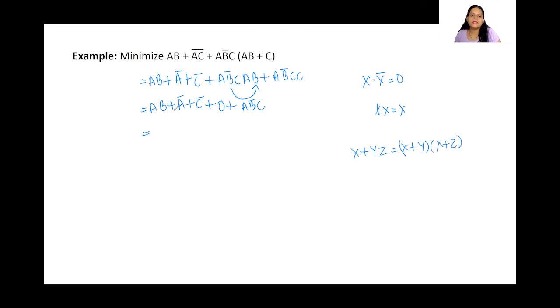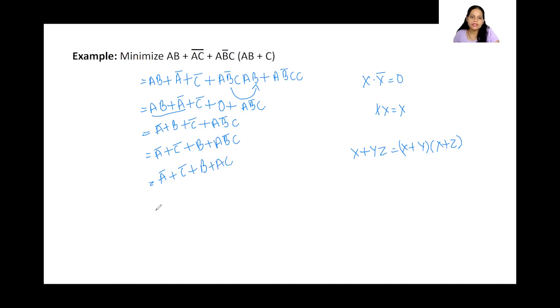We will be left with A bar plus B, right? So this entire expression will be this. Then we have C bar plus AB bar C. Okay, so let me keep this A bar plus C bar here. I'll bring this B over here and let's try to apply the distributive law here. What happens? So using this same De Morgan's theorem, we can write this as B plus AC.